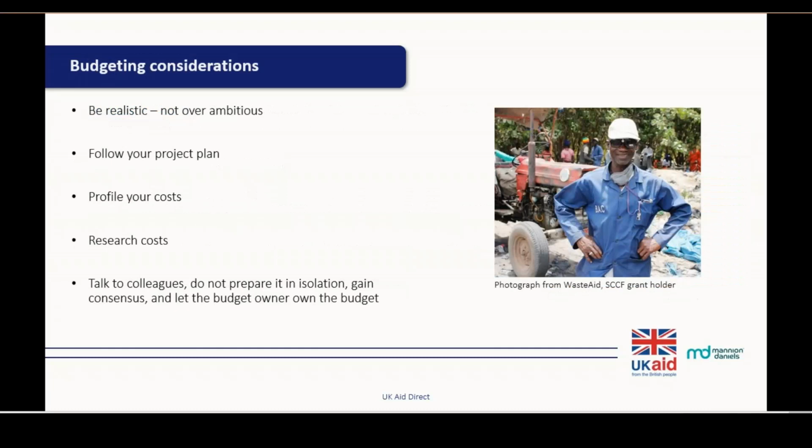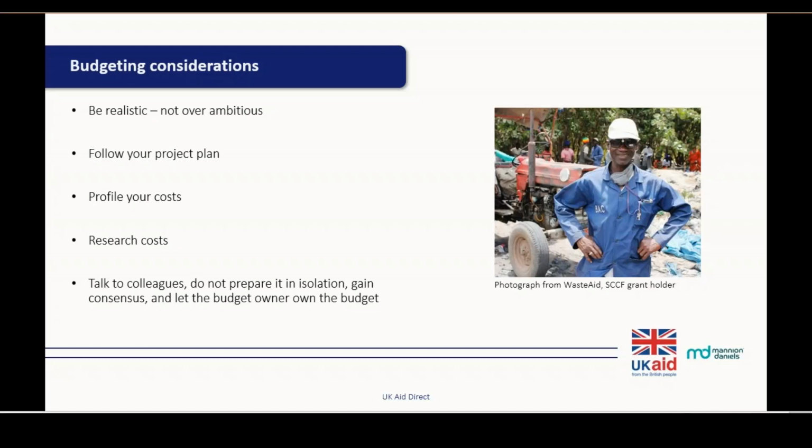So as part of your application, everyone obviously has to submit a budget. And when doing this, it's really important that it's as accurate as possible and that it does reflect your activities. There will be room for amendments if you are successful, so you'll discuss with the fiduciary risk team as to whether the budget is accurate and realistic.